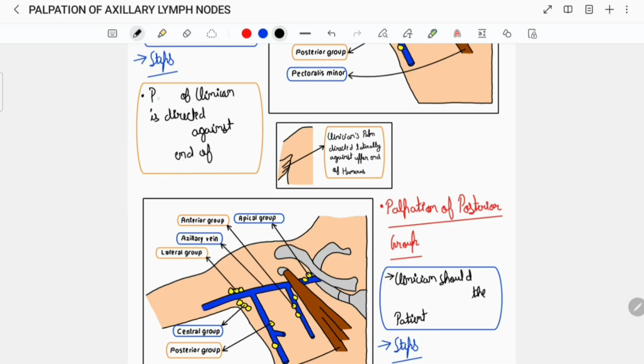The palm of the clinician is directed laterally against the upper end of the humerus, as you can see in the corresponding diagram. And then the clinician should try to palpate the lymph nodes.